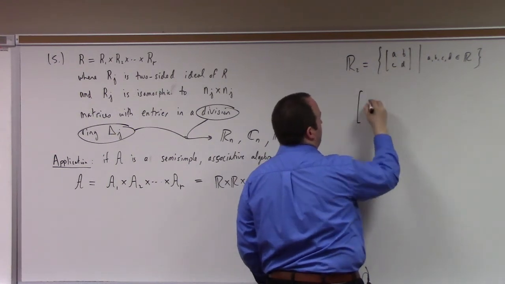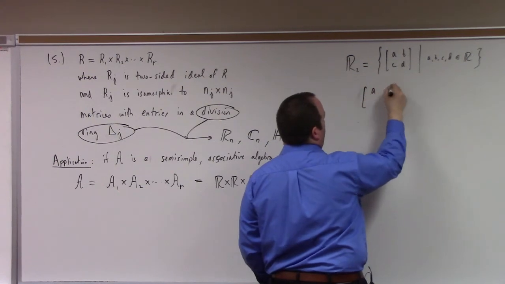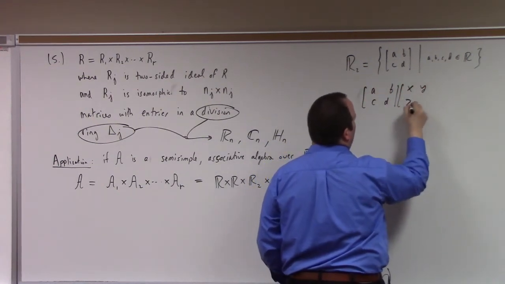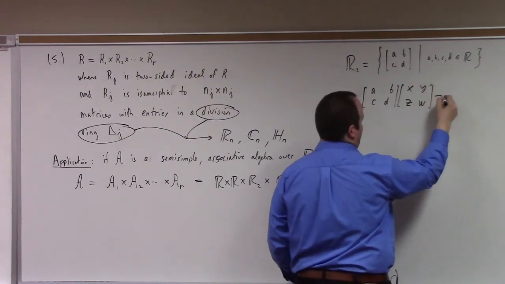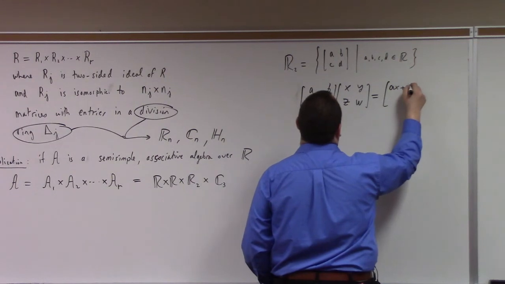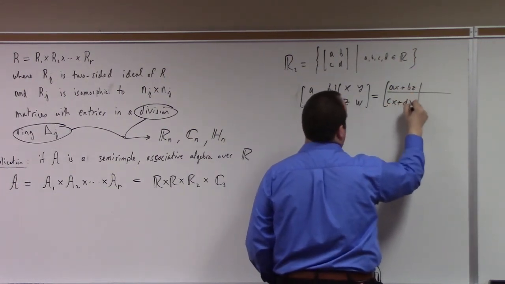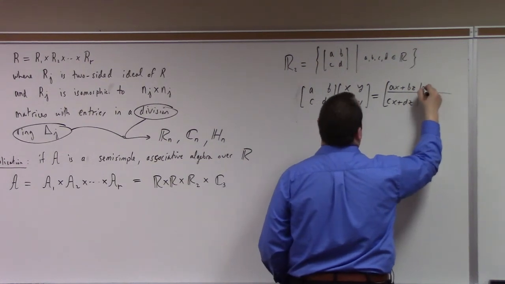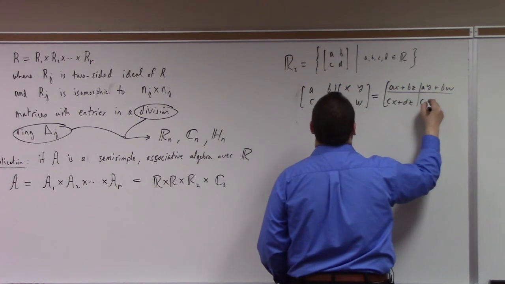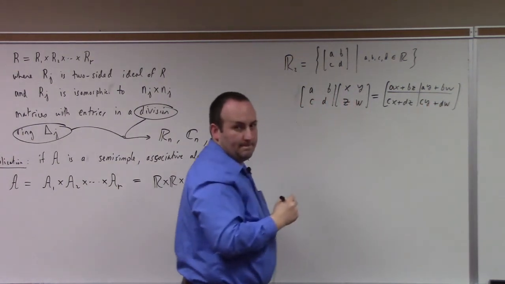So what happens when you multiply 2 matrices? You get a new matrix. So AX plus BZ, we get CX plus DZ, we get AY plus BW, we get CY plus DW, right?